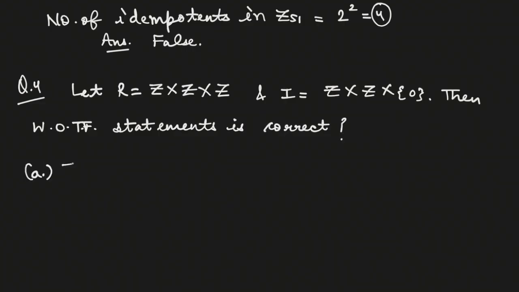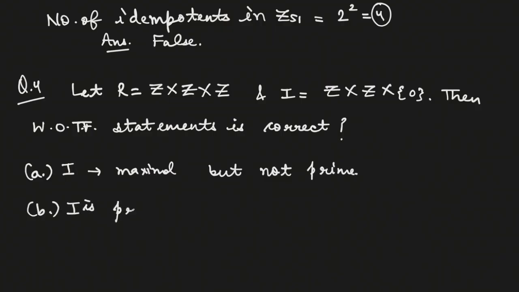A part, I is maximal but not prime. B part, I is prime but not maximal.